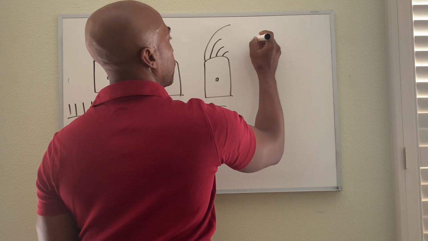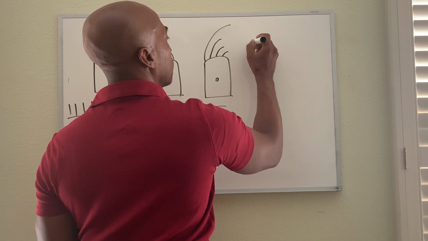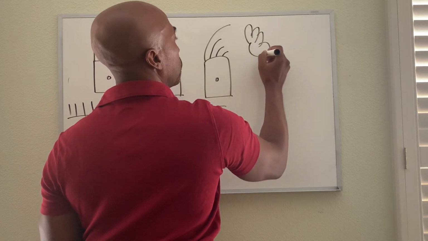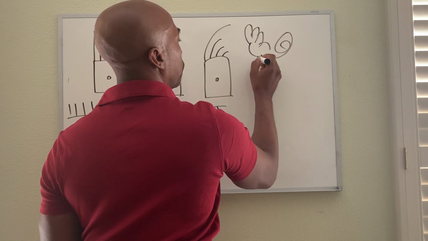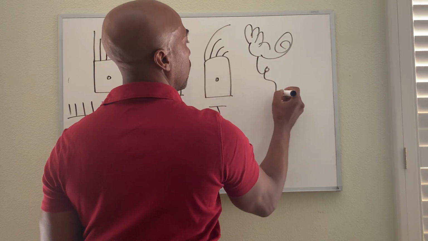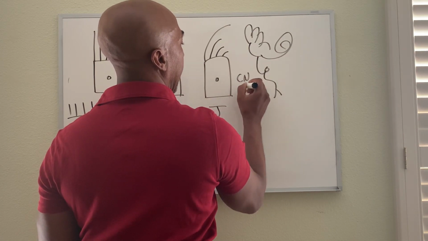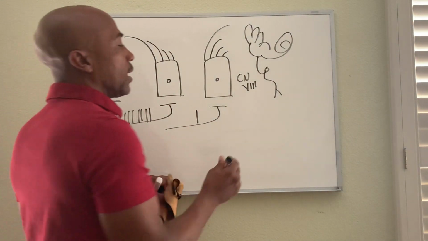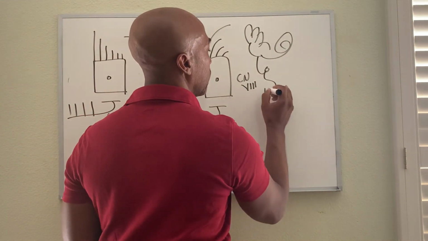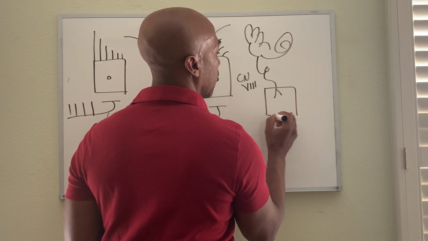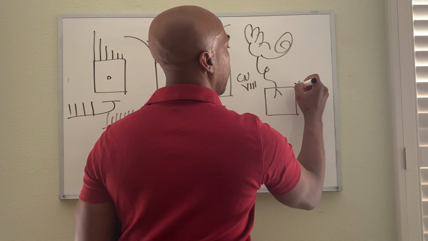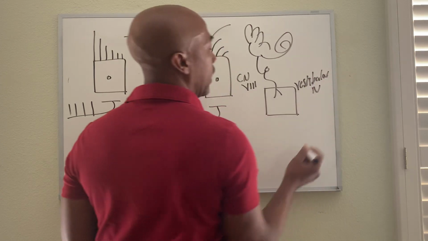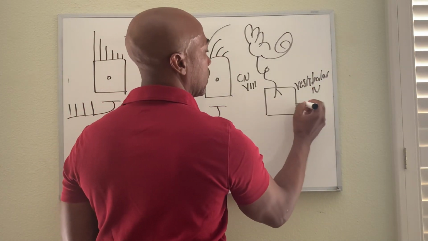Your first neurons will travel from the canals or the vestibule through nerve number 8, your vestibulocochlear nerve, and synapse in the vestibular nuclei in your pons.